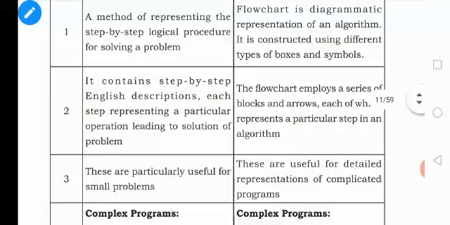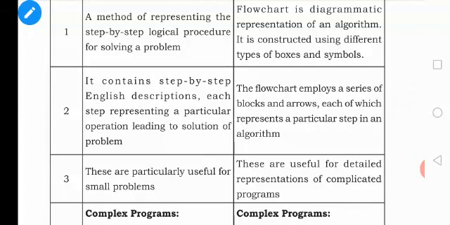Then the second point: an algorithm contains step-by-step English descriptions, each step representing a particular operation leading to the solution of the problem. It is in ordinary language, that is, an English description. Here, the flowchart employs a series of blocks and arrows, each of which represents a particular step in an algorithm.